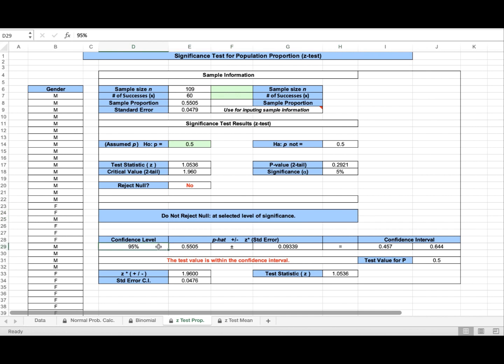We are 95% confident that the true population proportion of women is somewhere between about 46% and 64%. And we could see that the test value for p, 0.5, is well within that range.